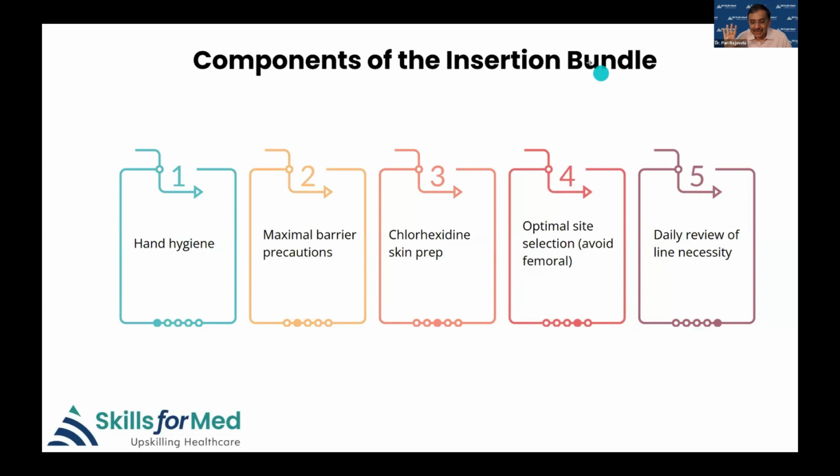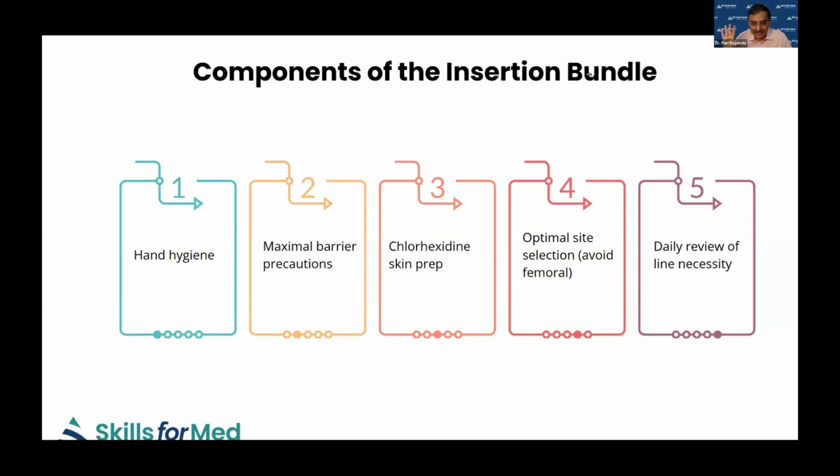Every one of them is doable, even in a very small primary healthcare center, right? So that is how basic it is. So this is the insertion bundle, and please remember that it is possible in every hospital to bring the CLABSI rate to 0. Okay, so that is the most important message for this webinar.